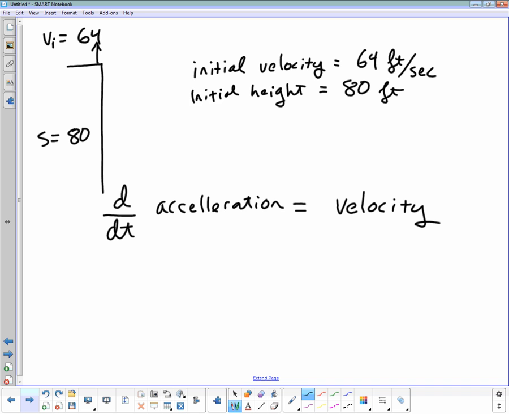If I take the derivative of velocity with respect to acceleration, I get position. So, and this kind of makes sense.